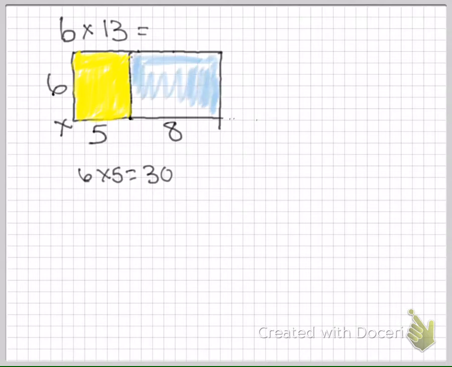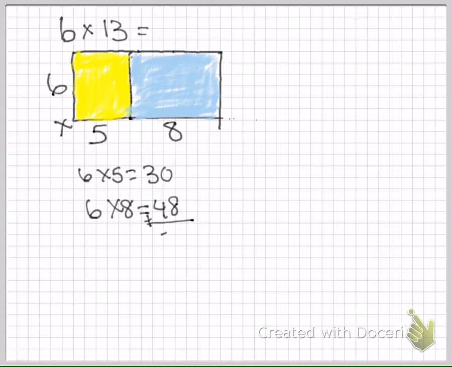These boxes represent 6 times 8. Now, I know that 6 times 8 is 48. So if I wanted to find the answer to 6 times 13, I would add the 30 and the 48, and I get 78. So 6 times 13 equals 78.